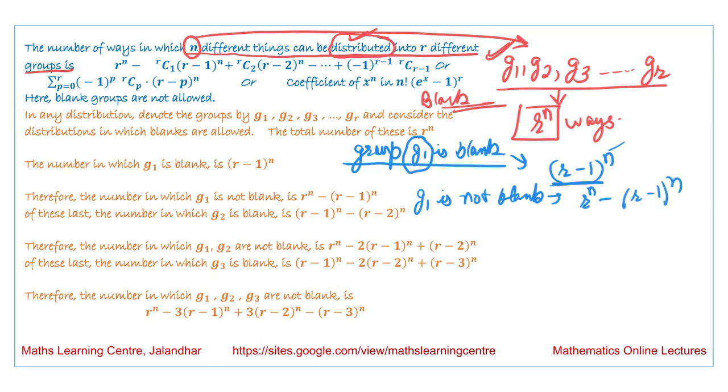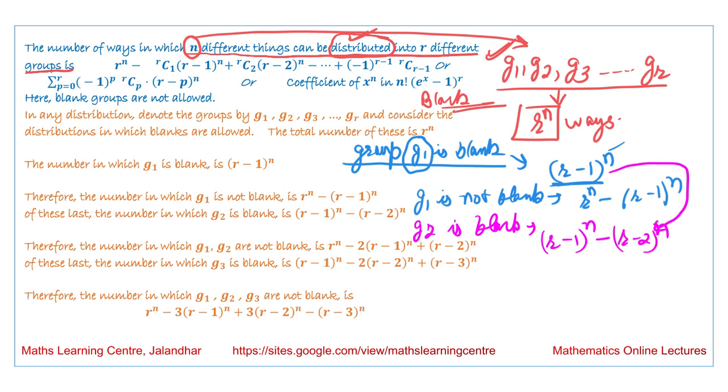Now out of the cases in which G1 is blank, the number of cases in which G2 is blank will be r minus 1 raised to the power n minus r minus 2 raised to the power n.